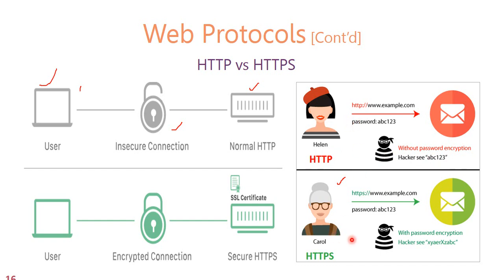But in the below figure we can look at Carol sending a message on www.example.com. The password is ABC123, but in HTTPS the password will be encrypted. With password encryption, the hacker can see only the encrypted password, and the connection will be an encrypted connection, and information will be sent with a secure link.